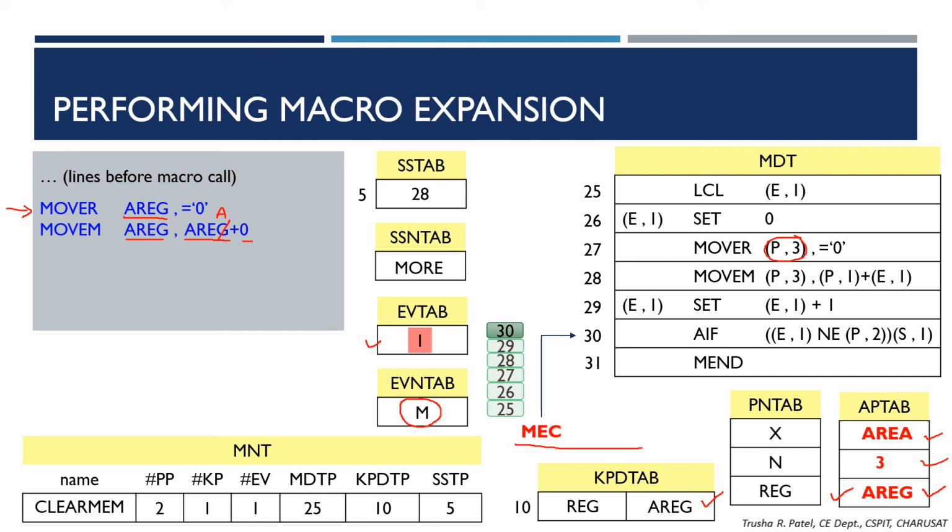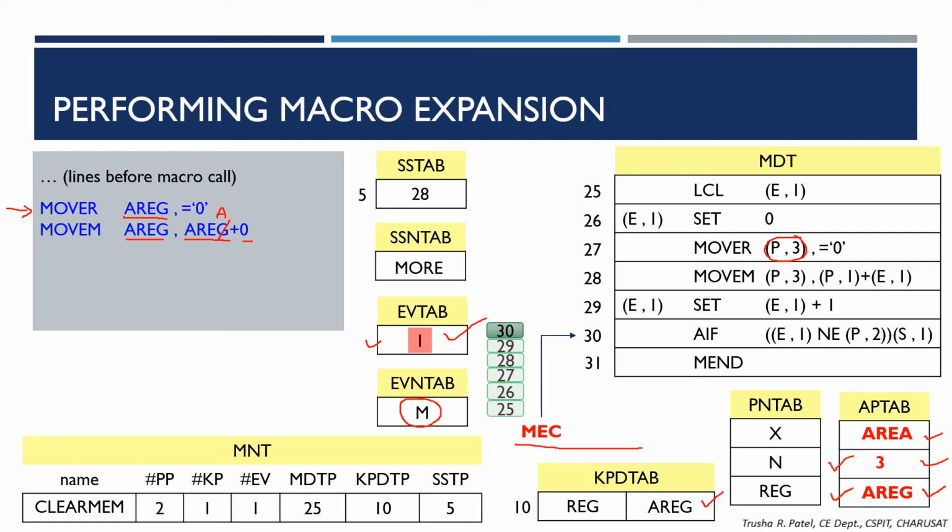Now the next statement is AIF expansion time variable 1 not equals to parameter 2, then we have to go to sequencing symbol 1. Now here the value of the expansion time variable 1 is 1 and parameter number 2 is 3.